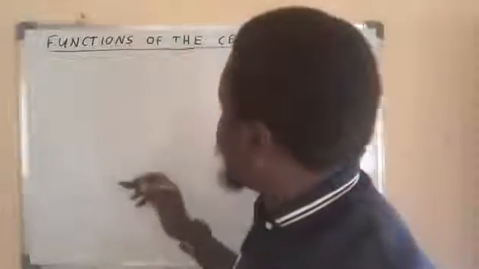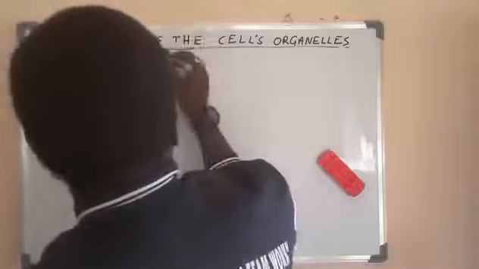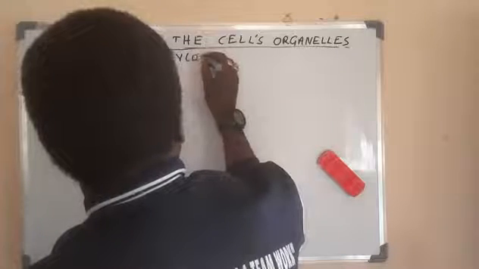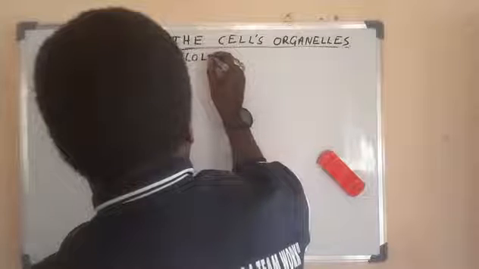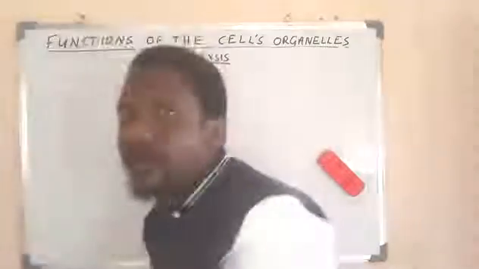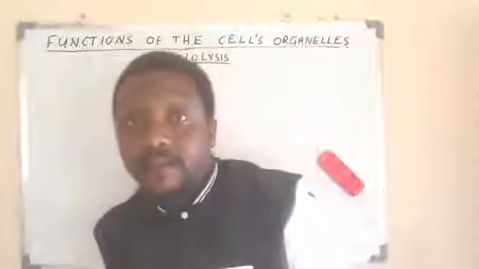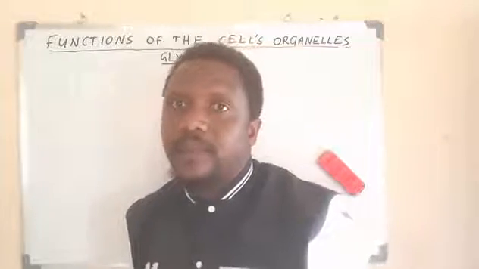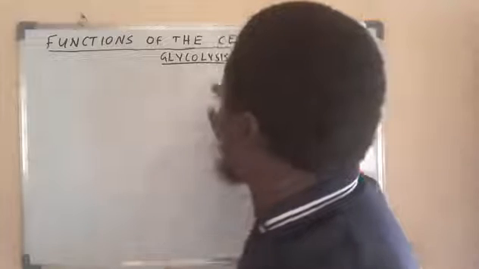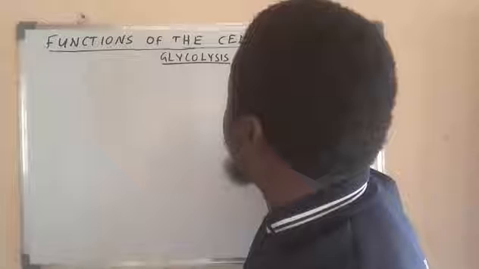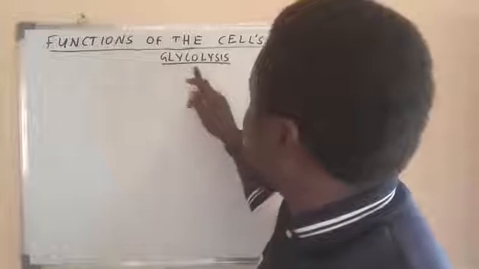The first one is glycolysis, which takes place in the cytoplasm, while the second one is the Krebs cycle, which takes place inside the mitochondria. We're going to describe it in the next video, and in this video, we're going to look at glycolysis, which takes place in the cytoplasm.